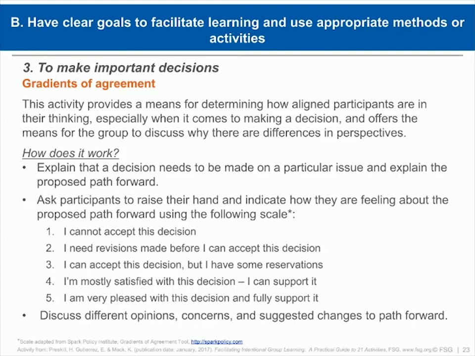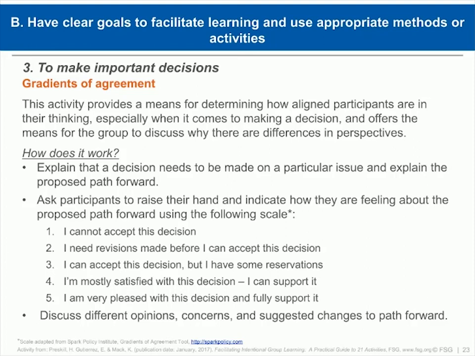Going from 1, I do not accept this decision, to 5, I'm very pleased with the decision and fully support it. And that can give leadership a very quick but really relevant snapshot of how people are feeling about the direction.